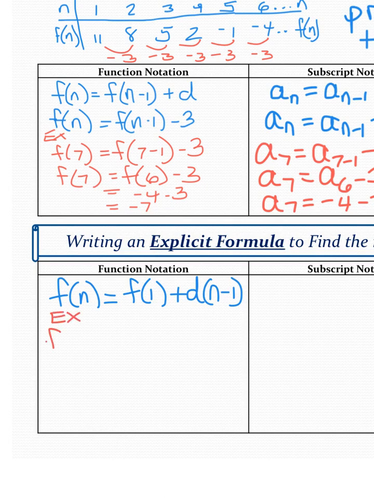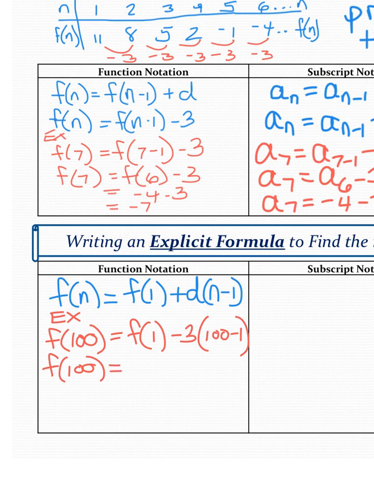Find the 100th number in the sequence. We're going to start out with our first number in our sequence. Because our common difference is negative, I'll represent that as subtraction. So this would be 100 minus 1. F of 100 equals our first number in our sequence, which is 11. And of course I have to do this multiplication over here before that subtraction. F of 100 equals 11.